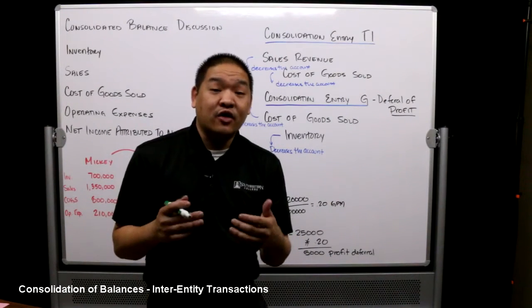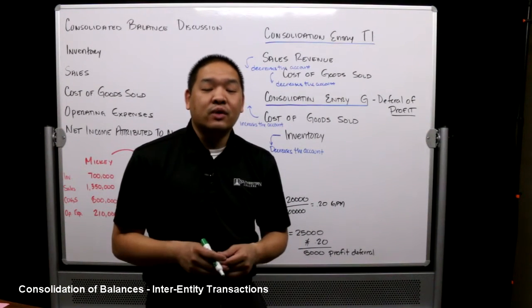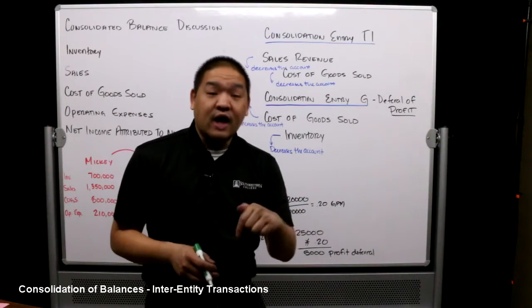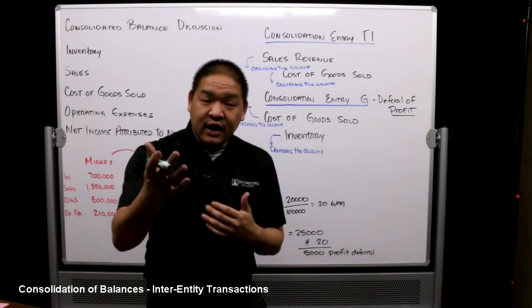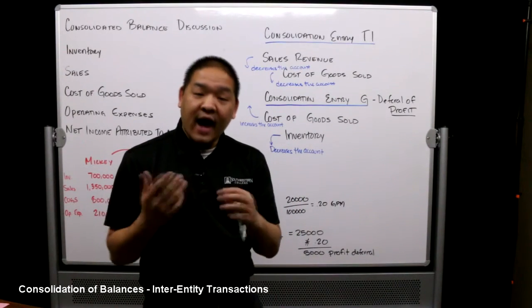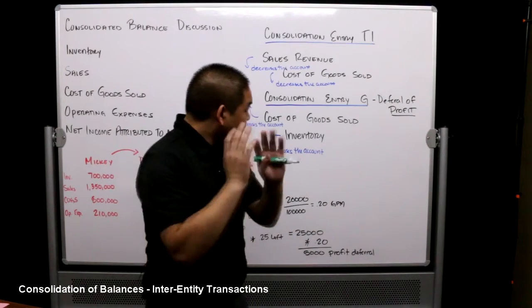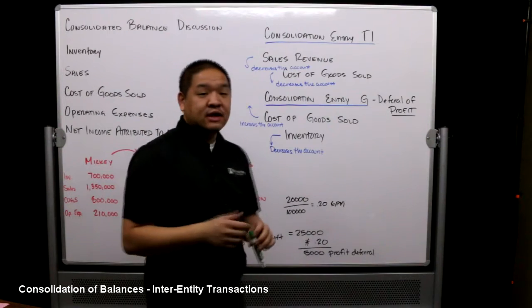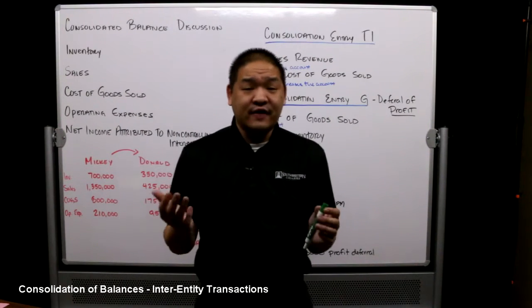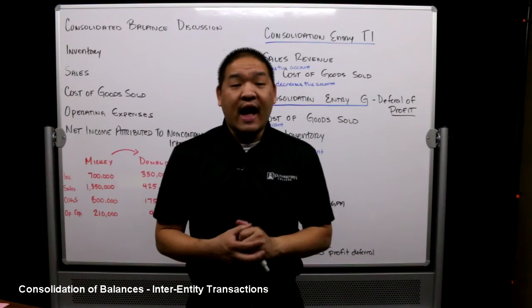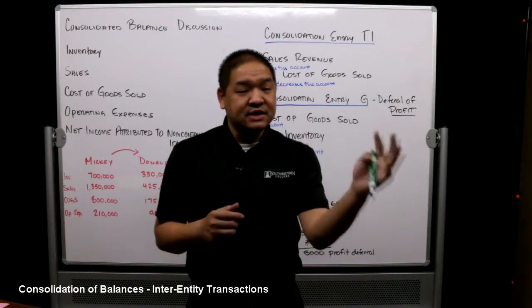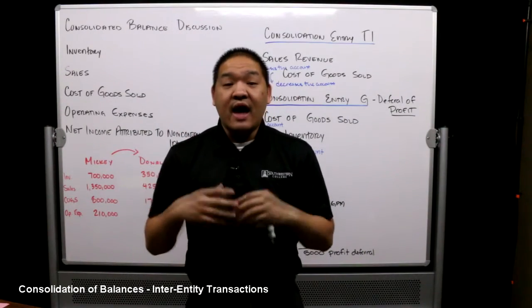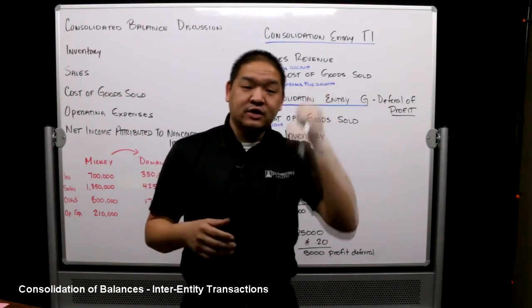In this case, we are crediting cost of goods sold, which would bring down cost of goods sold, therefore deferring that profit that would have happened. Okay, so that's what we're doing in Consolidation Entry TI. Now, Consolidation Entry TI is fairly simple. All we need to do is figure out how much the parent sold to the sub, or the sub sold to the parent, and that amount would be what goes here.